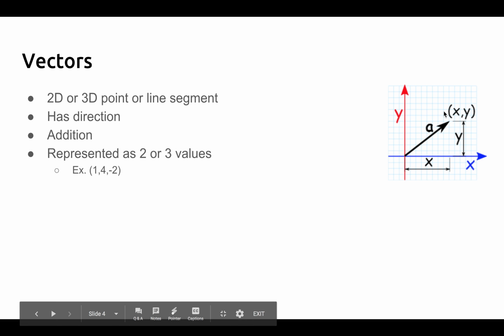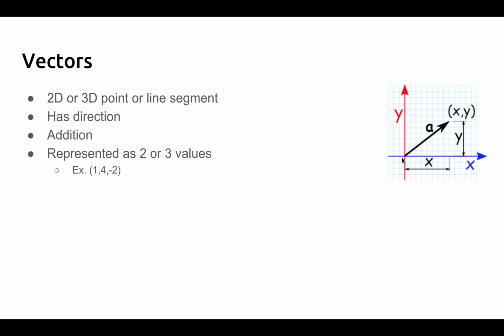This one's just a two-dimensional vector. And then you have the a, which you can think of both as a point at x comma y and as a line going from 0, 0 to x comma y. We use vectors in Unity for a lot of stuff, especially forces as well as positioning, and the Unity Vector3 type is pretty integral.